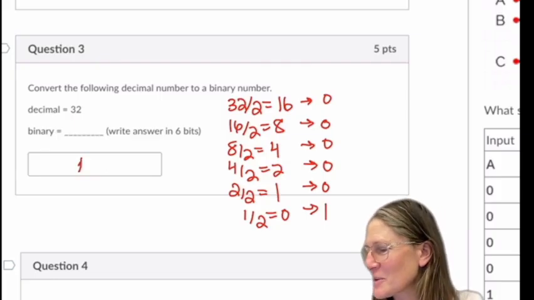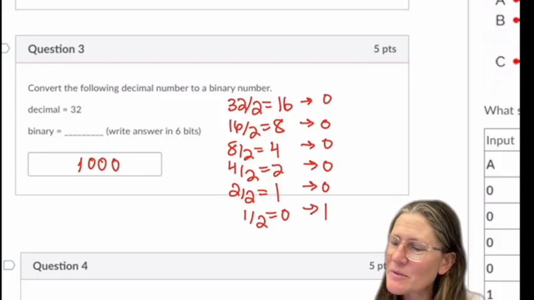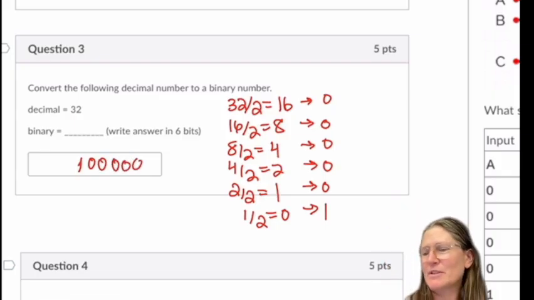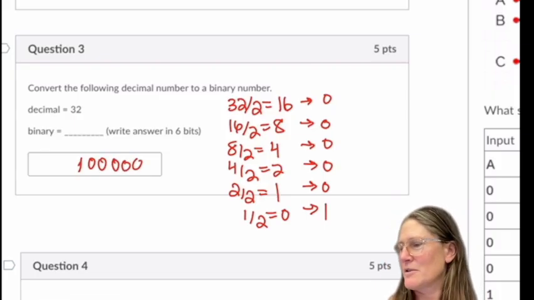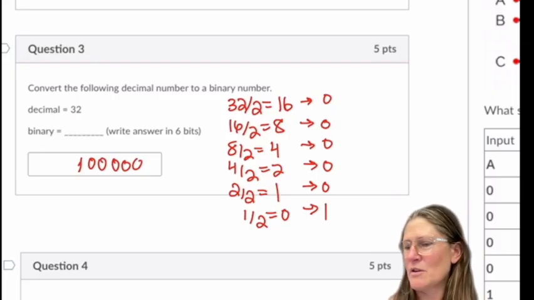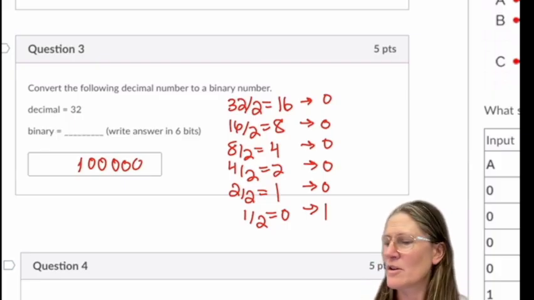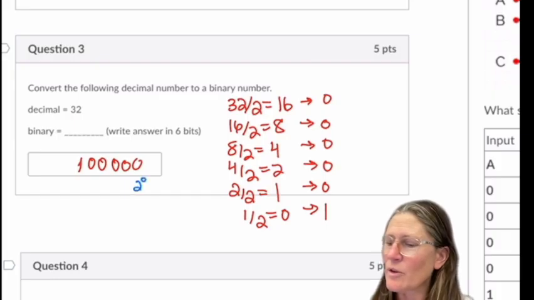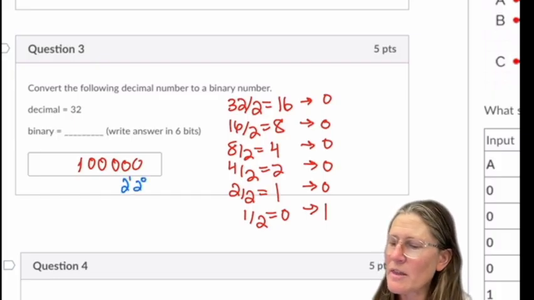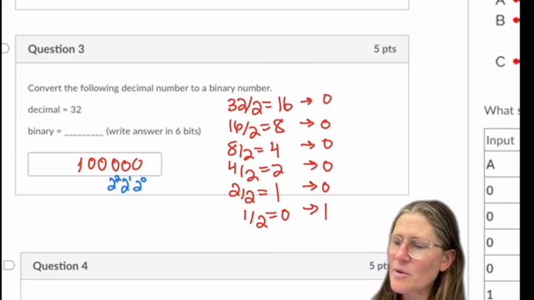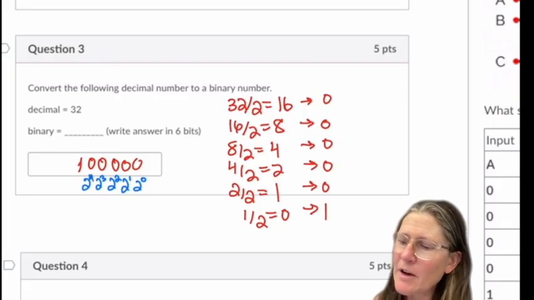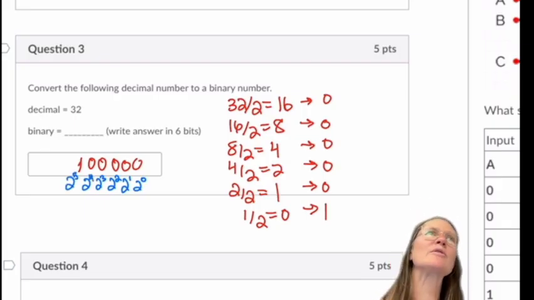1, 2, 3, 4, 5, 6. 0, 1, 2, 3, 4, 5. 2 to the 5th is 32. Okay. Would it only be 5 zeros after? So this will be 1, 2, 3, 4, and 5. 2 to the 5th is 32.